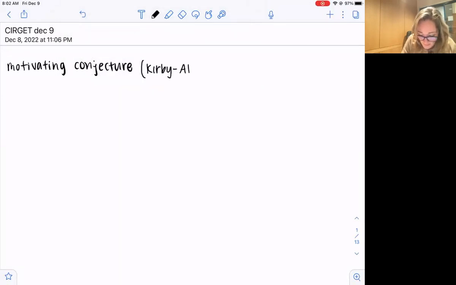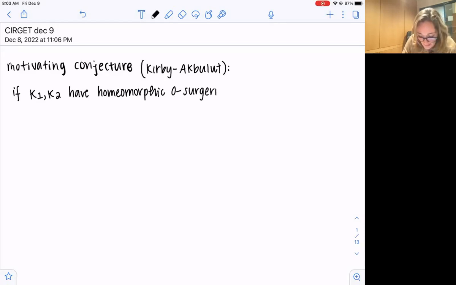It's in the Kirby problem list, and it's from about the mid-70s. It goes as follows. If I have two knots, K1 and K2, and they have homeomorphic zero surgeries, the conjecture states that this would imply that the knots are smoothly concordant.